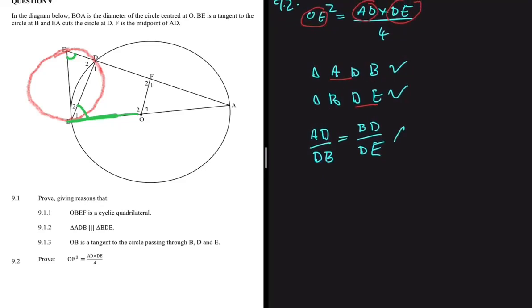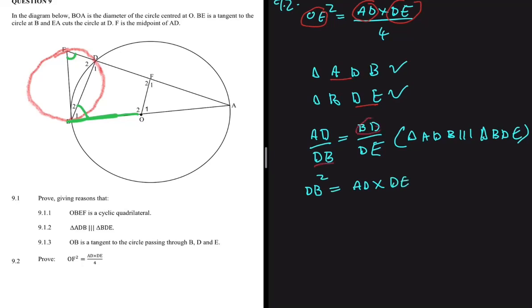And then we must state here that we're saying that because we know fully well that triangle ADB is similar to triangle BDE, right? So now we can cross multiply, and we get DB squared is equal to AD multiplied by DE, because look here, DB is just BD.